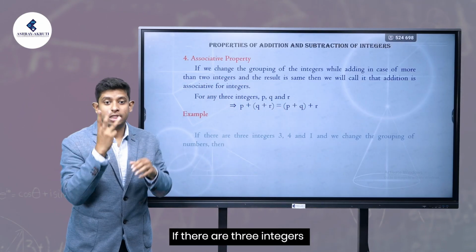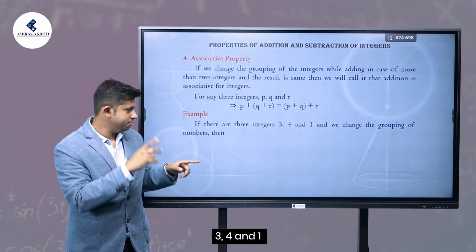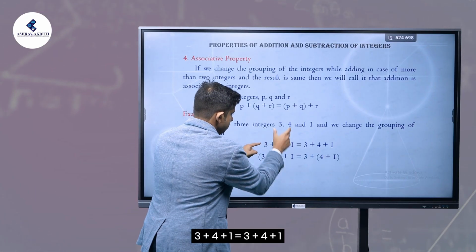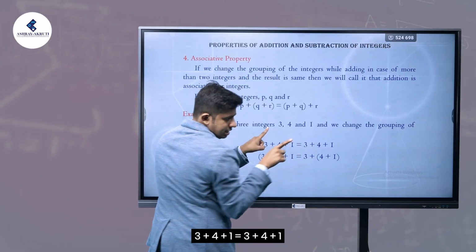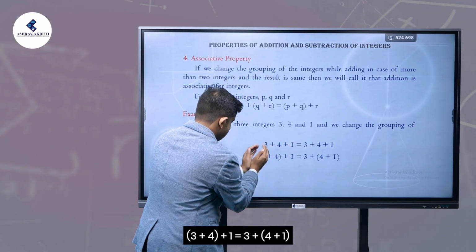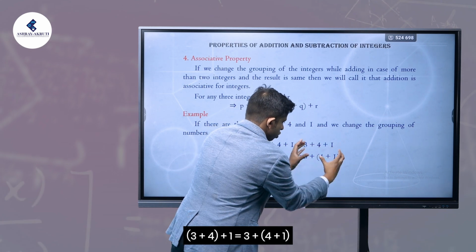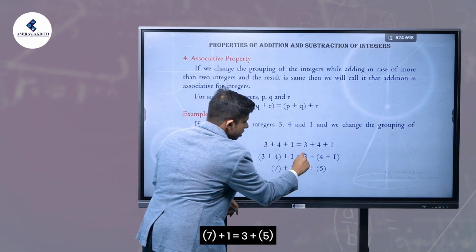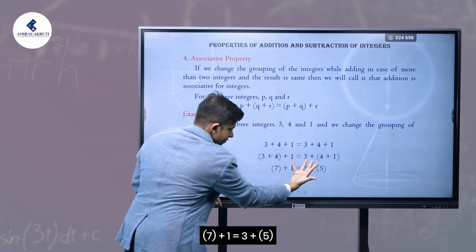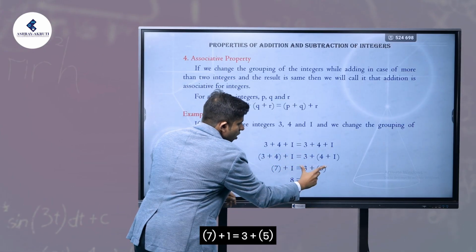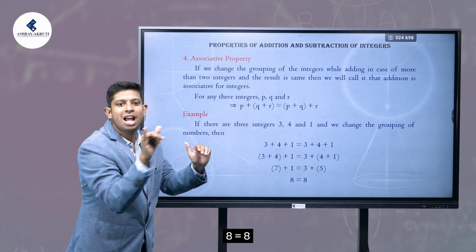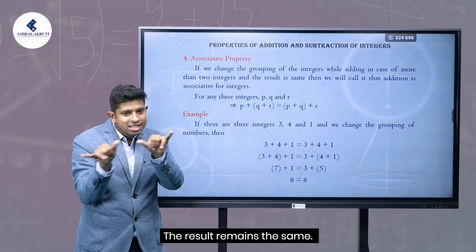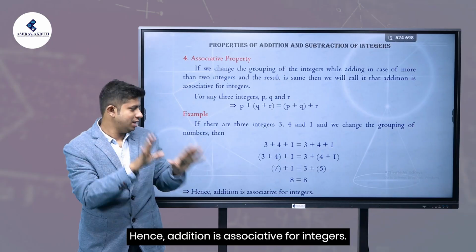Example: if there are three integers 3, 4 and 1 and we change the grouping of numbers, then (3 plus 4) plus 1 is equal to 3 plus (4 plus 1). 7 plus 1 is equal to 3 plus 5. 8 is equal to 8. The result remains the same, hence addition is associative for integers.